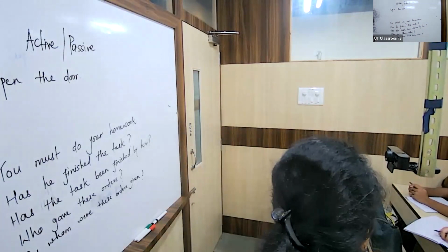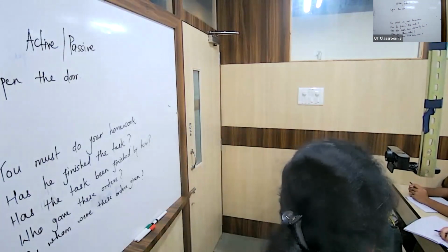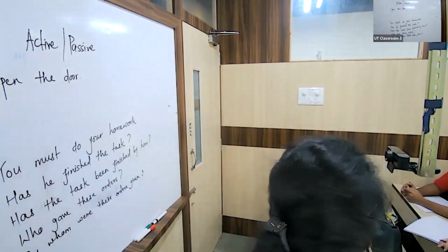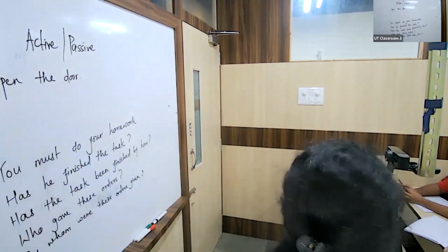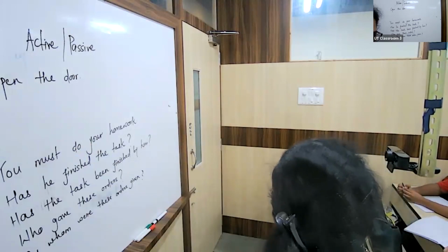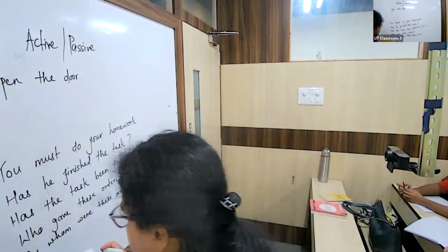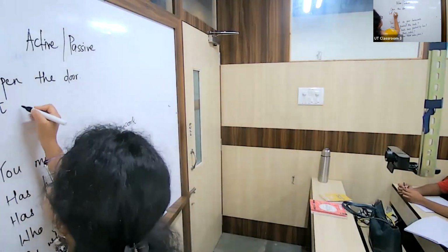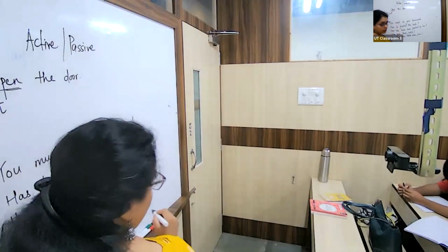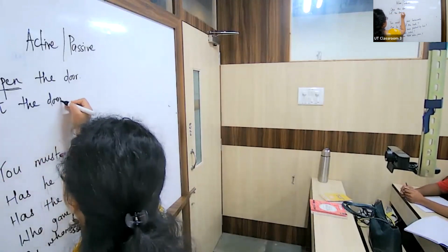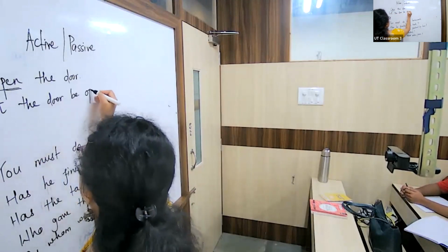Have they taught you kinds of sentences? This is an order. It can be an order or a request, depending on the tone. Open the door, or open the door. Order or request, what do we do? In this case, it will be: let the door be open. When we start with a verb, it will be: let the door be open.